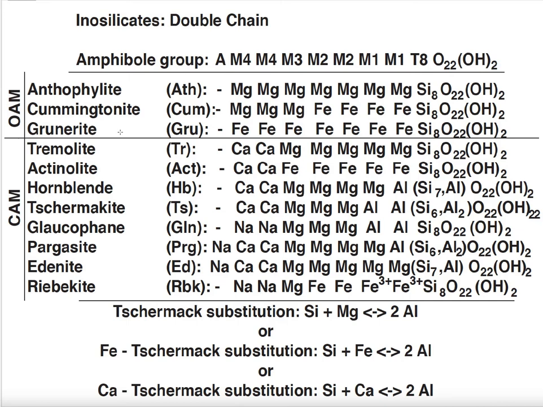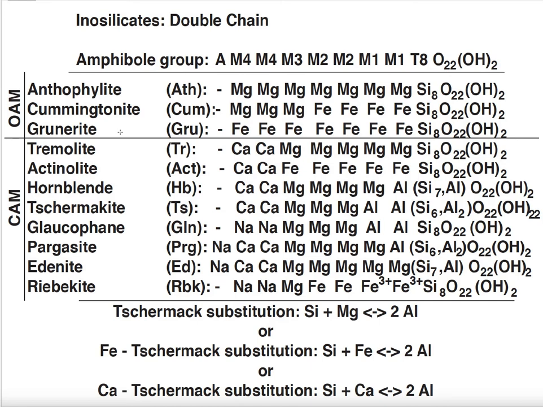Yeah? Calcium in amphiboles is always sitting on the M4 spaces because these spaces are large enough to host calcium. So then we have the tremolite, Ca2Mg5Si8O22OH2.